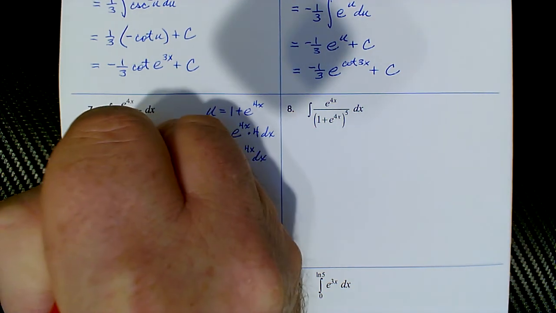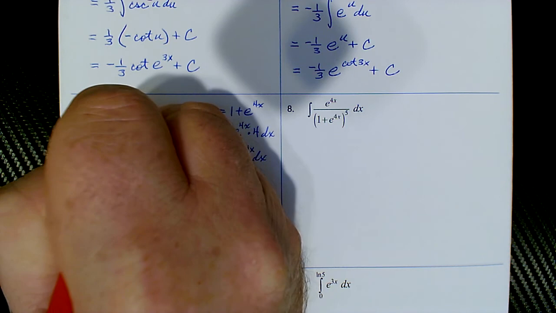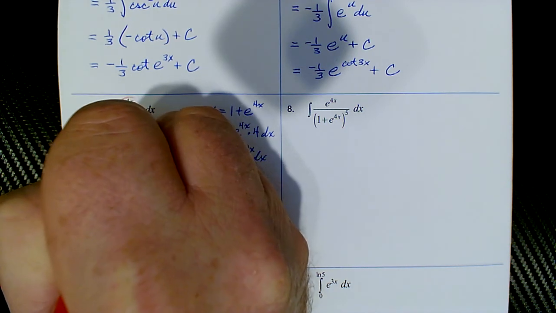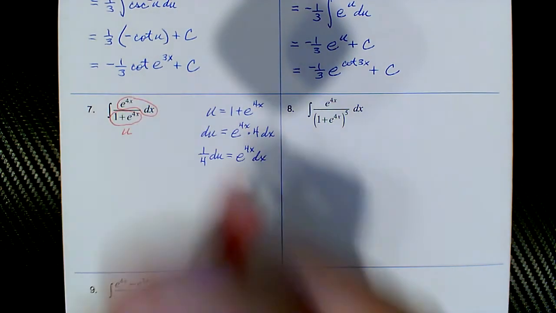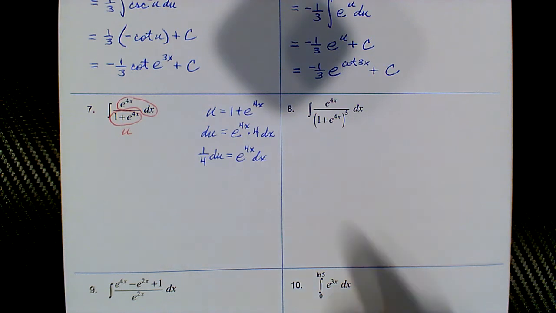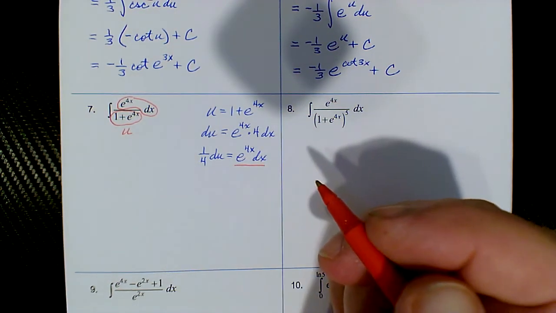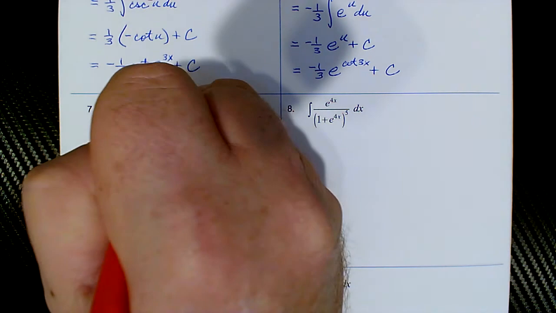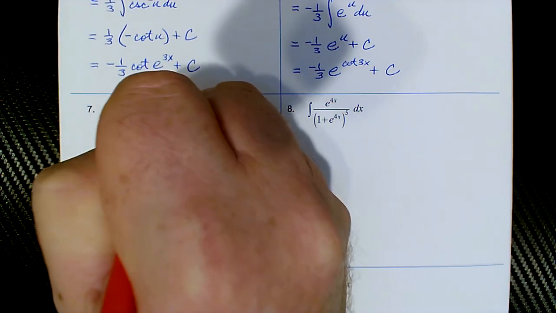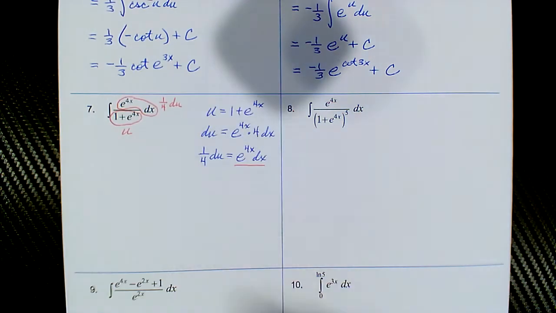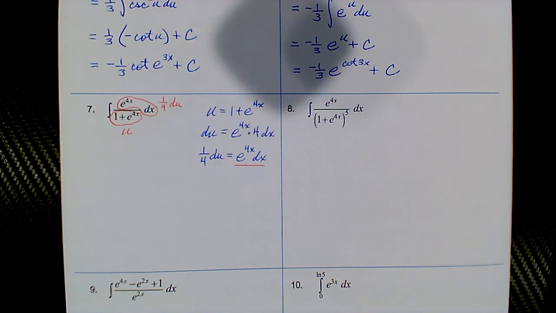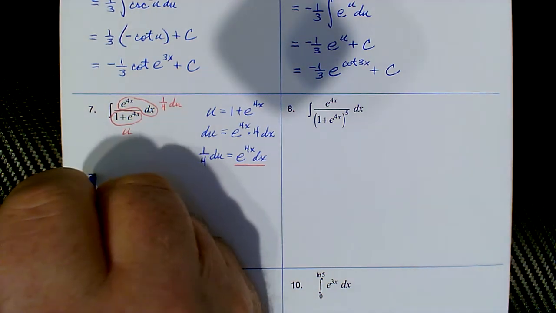We had chosen the denominator to be our u, and if we look at the leftovers in the numerator, e to the 4x combined with the differential dx, compare them to our du, and we see they match, just modified by the 1/4. So we'll replace those factors by 1/4 du, and now we can make the change of variables.